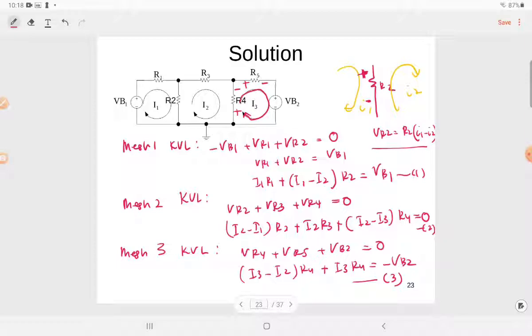You need to look at which mesh is active. For example, for mesh 1, you get the sign of R2 due to I1, and that's why we got I1 minus I2. Okay, I think that's all for the theory of mesh analysis. We will look at more examples of mesh analysis.